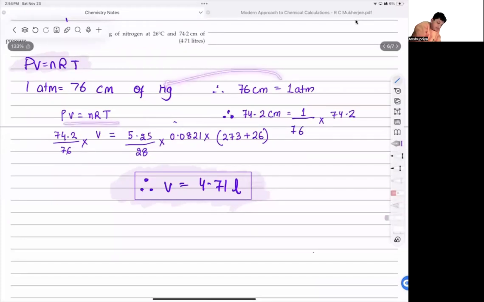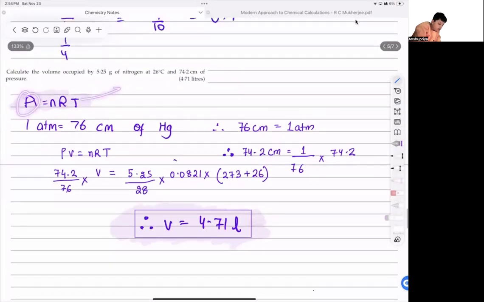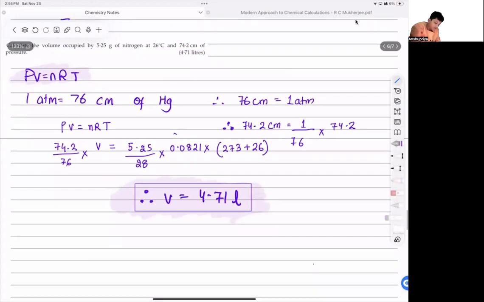So using PV is equal to nRT, and it's given 74.2 centimeters. So 1 by 76 into 74.2, because this is for atmospheric, okay? So if we want to change it using the other pressure, then we'll have to use this.